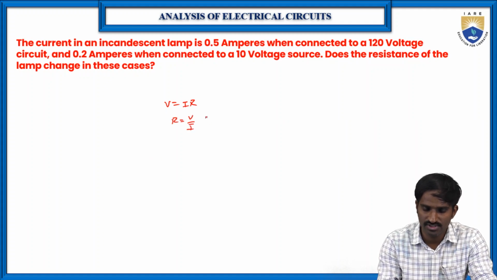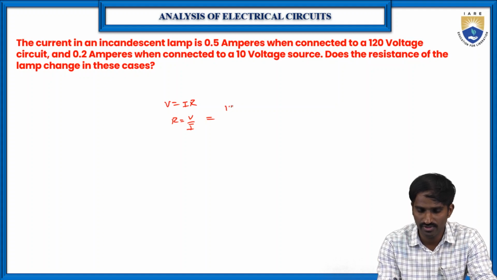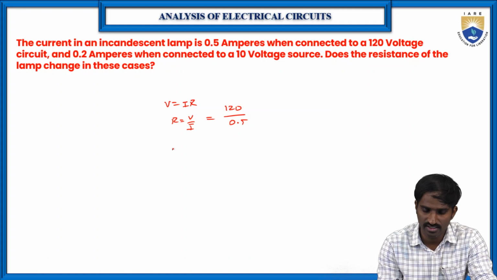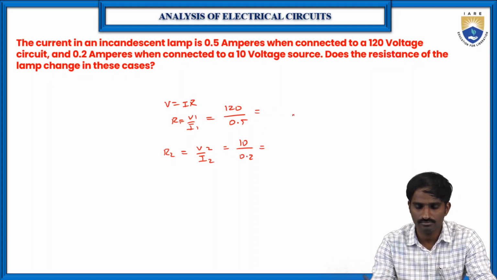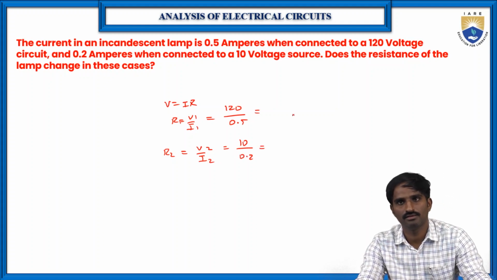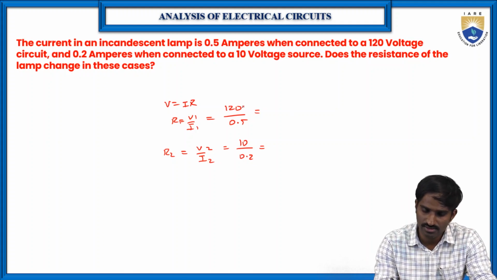In the first case, V1 is equal to 120 and I1 is equal to 0.5. In the second case, R2 is equal to V2 by I2, where V2 is 10 and I2 is 0.2. So R1 is 1200 by 5 and R2 is 100 by 2.